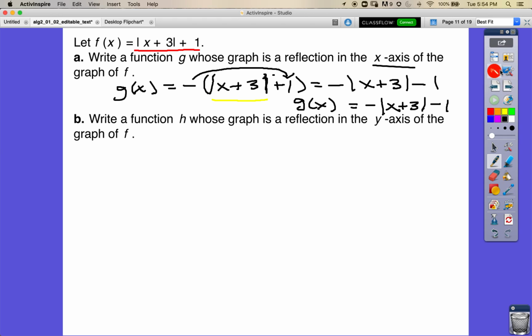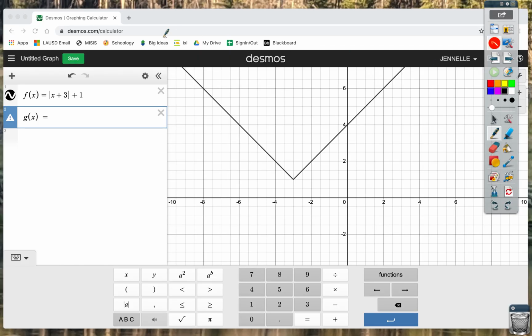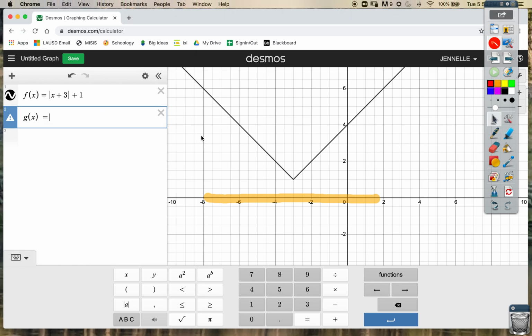So let's pop over to Desmos. I already typed in the original function, it's here in black, and it should be a reflection over the x. So if I did my math right, it's going to reflect over this right here. So let's put it in now. So g of x is going to equal negative absolute value, right?